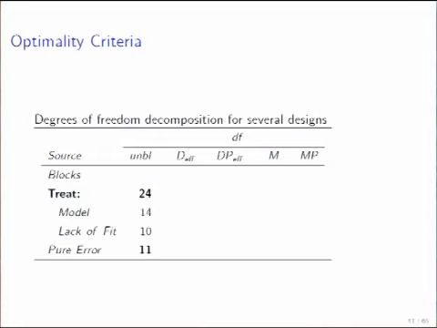If we use the D criterion to block this treatment set in 9 blocks of 4, we get this decomposition. We use 7 degrees of freedom from pure error for blocking, and 1 degree of freedom from lack of fit.